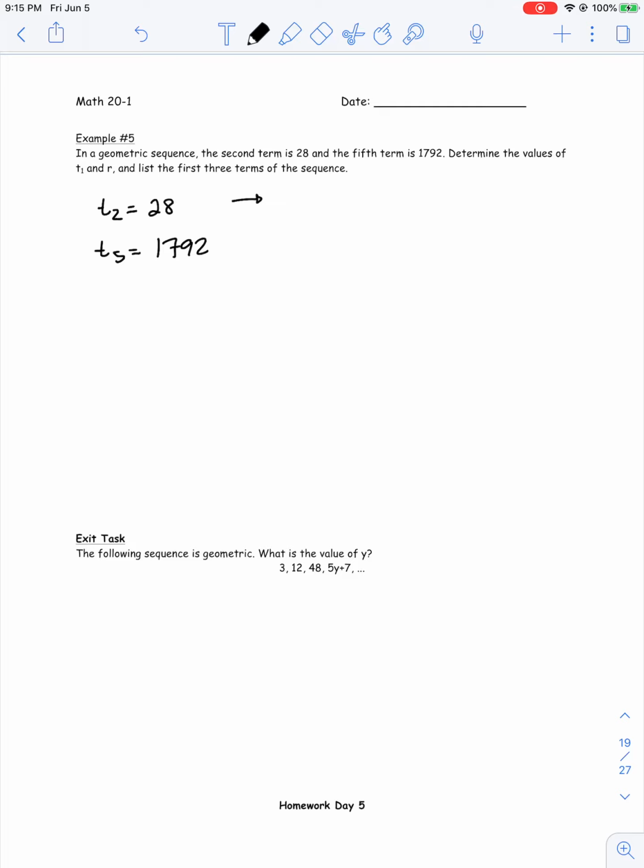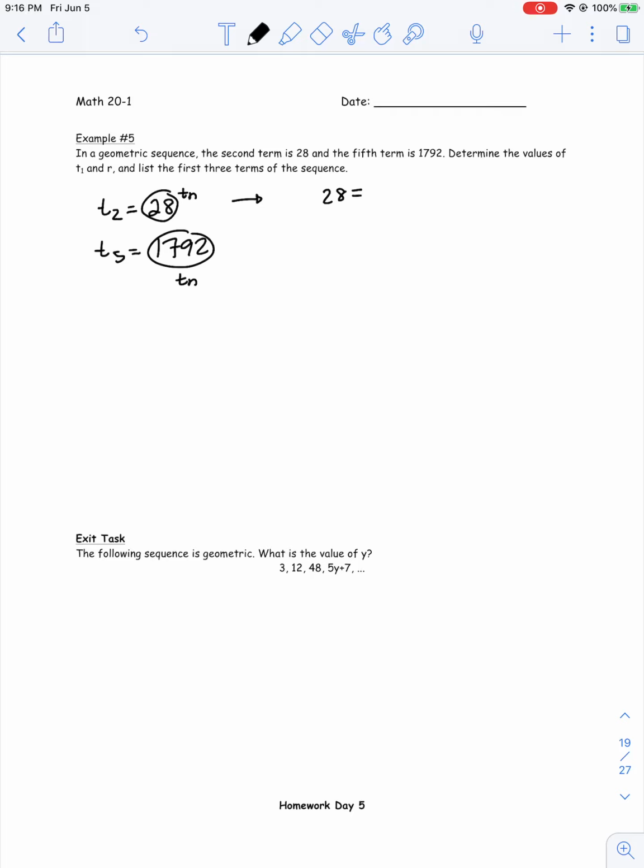So what I would do is arrange the equation for this, where 28 equals T1 r to the power of n minus 1. Okay, so for this example here, let me just clear this off. Remember, this is your Tn value, and this is your n value.